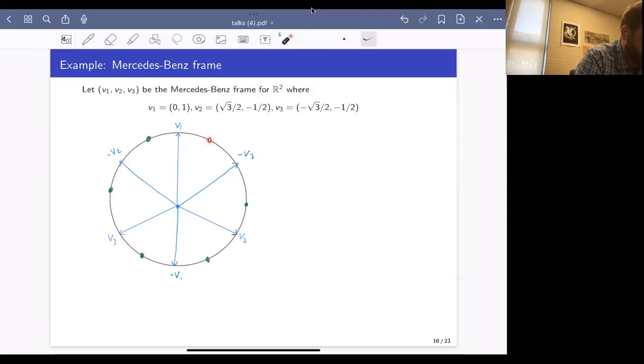Because at this point, its inner product with v1 is going to be the same as the absolute value of its inner product with v3. Let's say this vector is x.